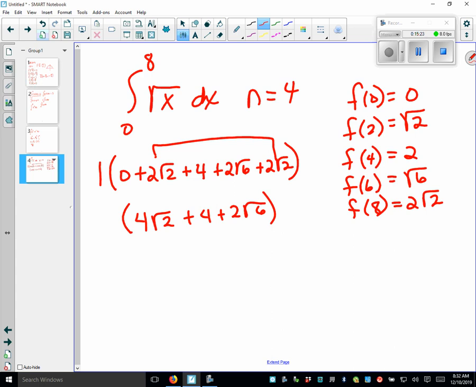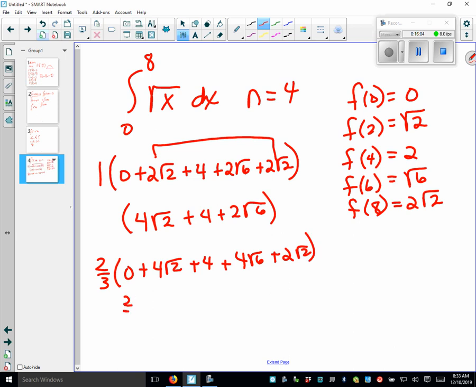Now, how do I do Simpson's rule? Similarly. B minus A over N, which is 2. So 2/3 times 0 plus 4 radical 2 plus 4 plus 4 radical 6 plus 2 radical 2.